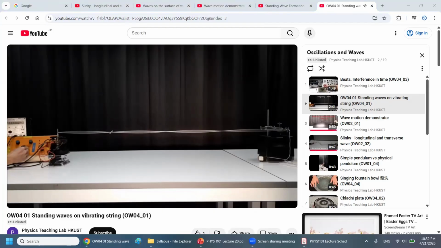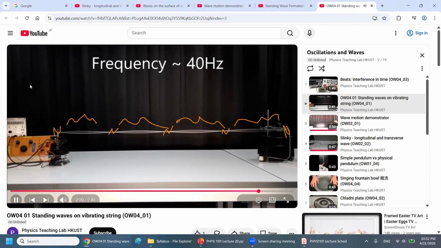Same thing: here's a node, here's a node, here's a node, and here is a half lambda, here is a half lambda, here is a half lambda, and here is another half lambda. Here are also two fixed points, or two nodes.